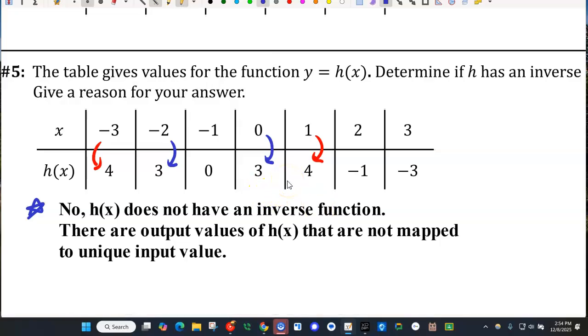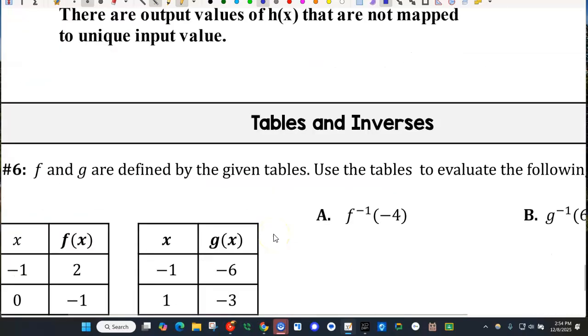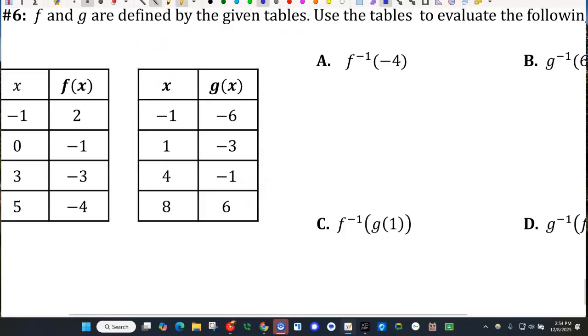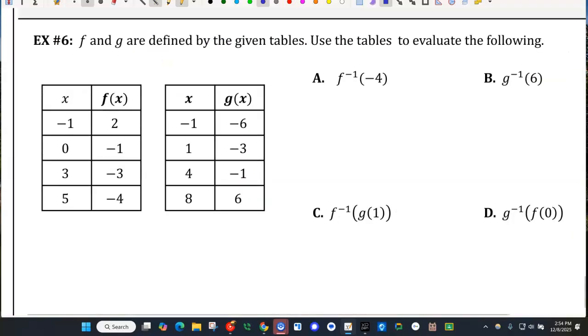We don't. And lastly, we just have some tables, so some evaluation work. Now, when you have inverse functions, remember the x's and y's are now switched. So when we have an f inverse, that means we're going to look up this number in the y. And we're working our way backwards.